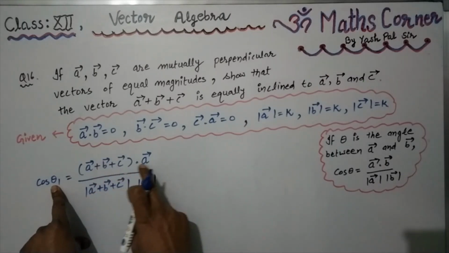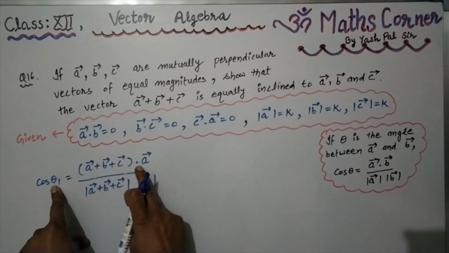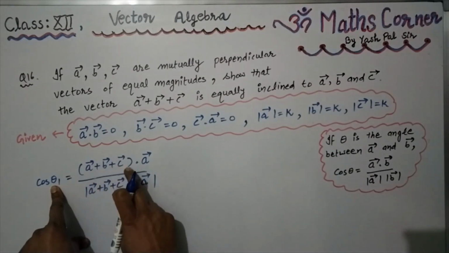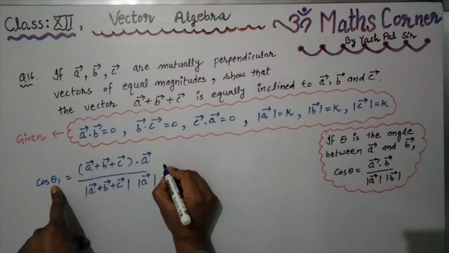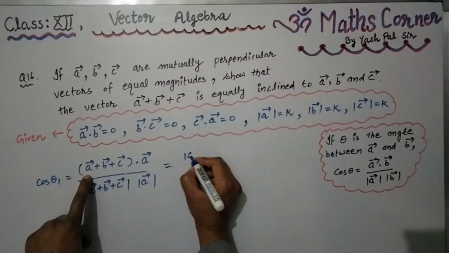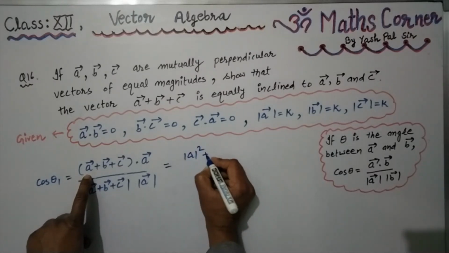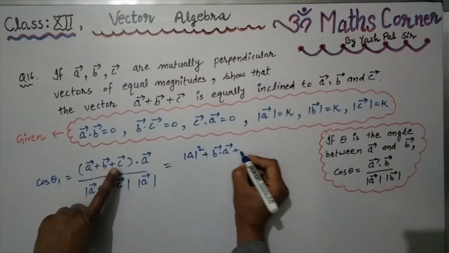So here first of all, let theta 1 be the angle between A plus B plus C and A. So cos theta 1 is equal to A plus B plus C dot A divided by magnitude of first vector into magnitude of second vector.